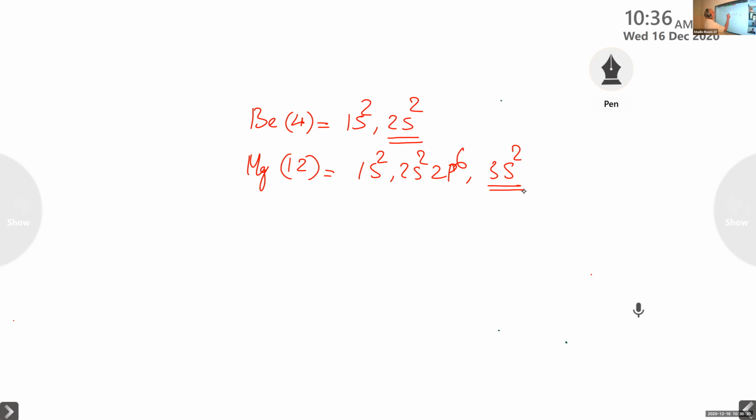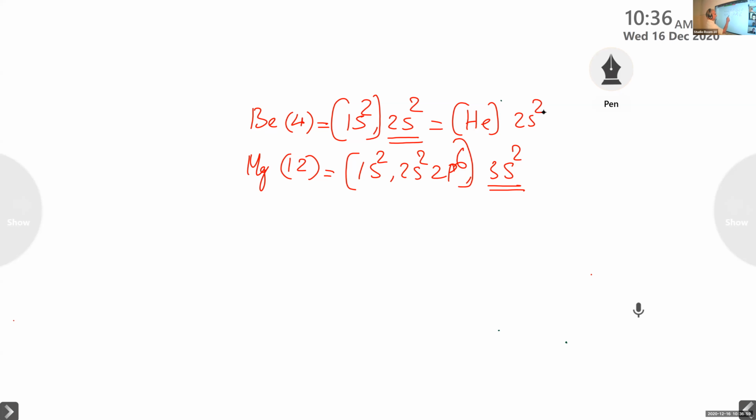Now you take the inner core. In beryllium the inner core is 1s2. Do you remember? That is the electronic configuration of helium. Helium is the inner core, then 2s2.